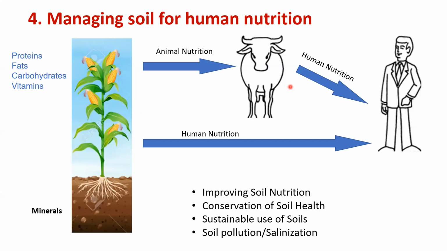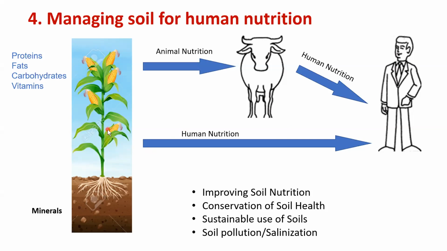Then, managing soil for human nutrition. We know that humans get nutrition through plants and through animals. The concentration of the nutrients in the plants, which are required for animals and humans, is very important.